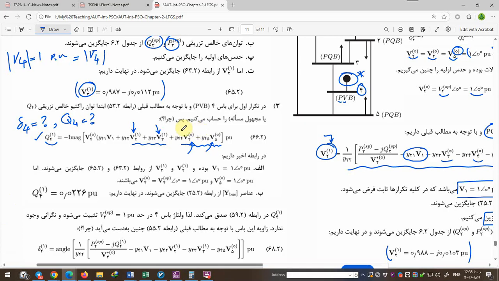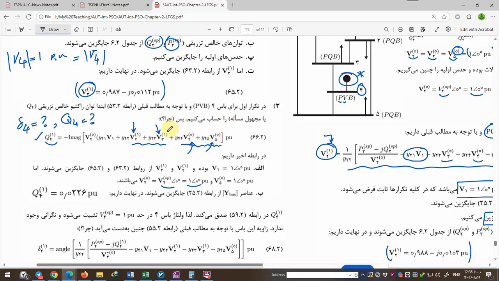We don't have new version of V5 and V4. V4 is fixed. The amount of V4 is fixed, specified, and is 1 with 0 angle. But the old version, only the old version of V5 is accessible.